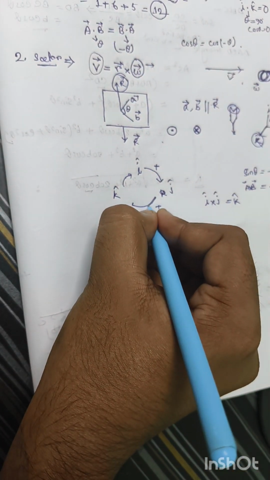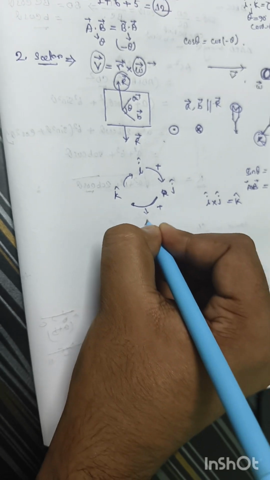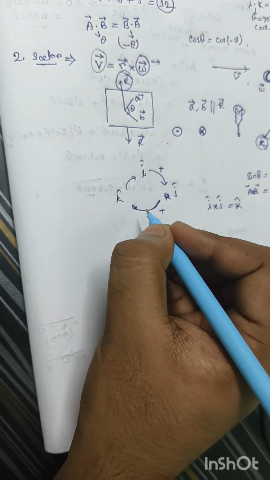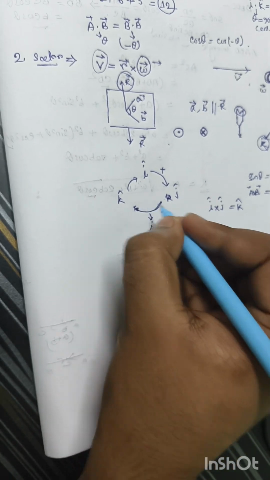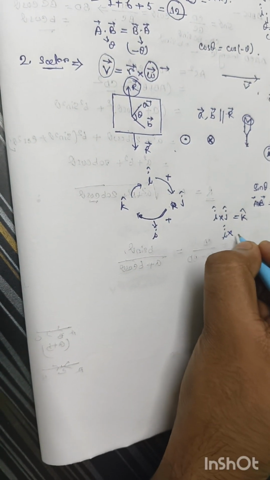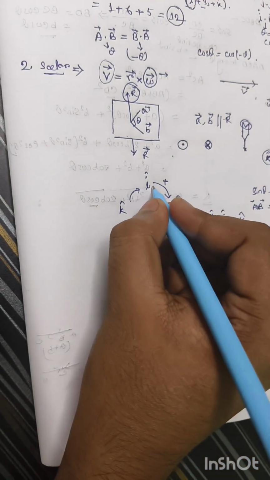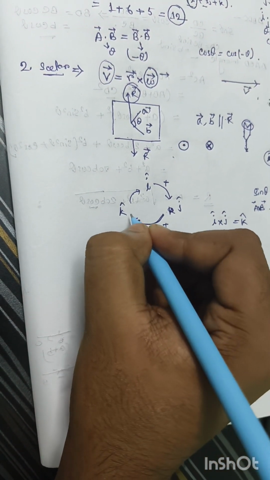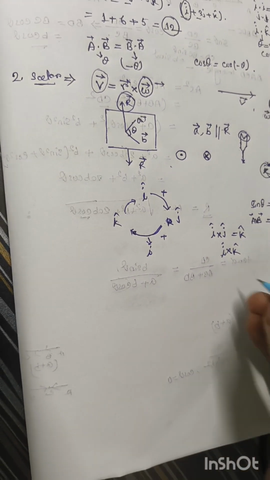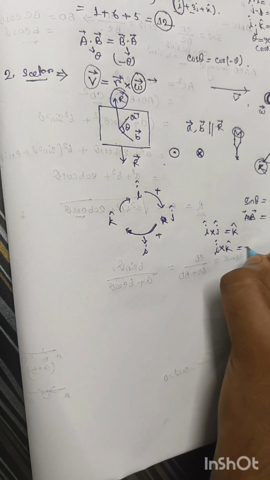And for j and k vectors we find the i vector. But if we change the direction, suppose i vector cross k vector, here we disobey the order, then we see a minus.